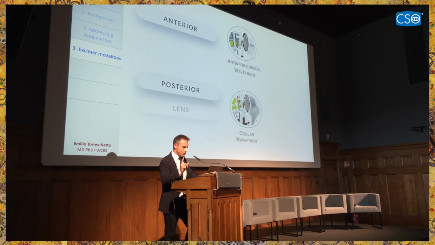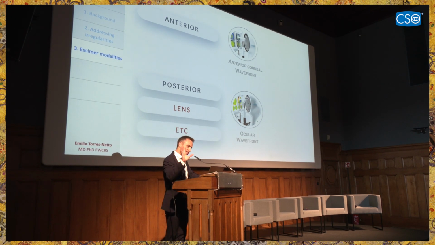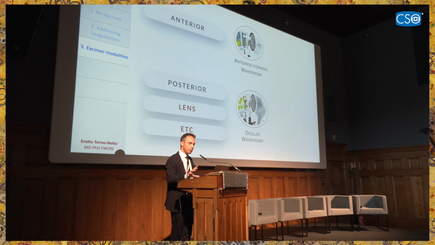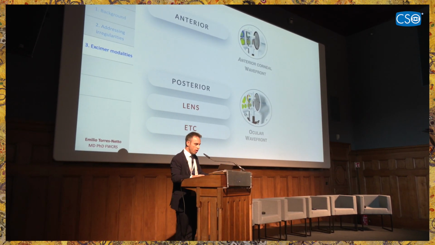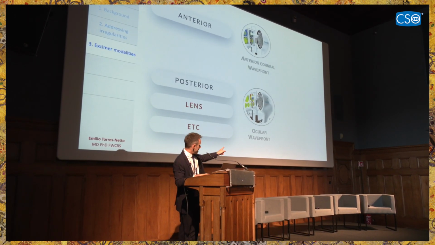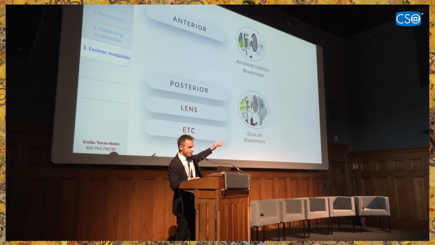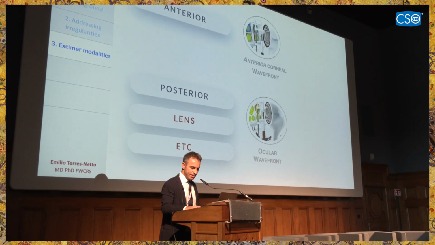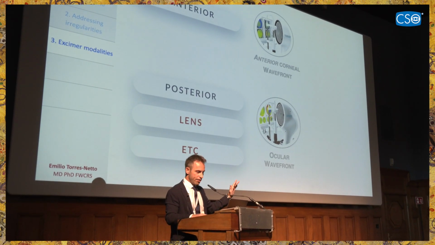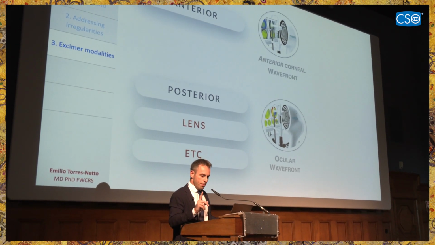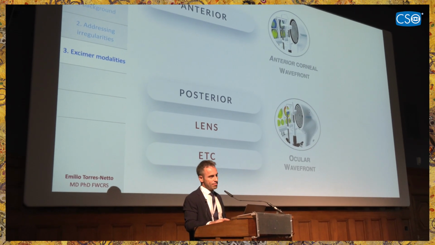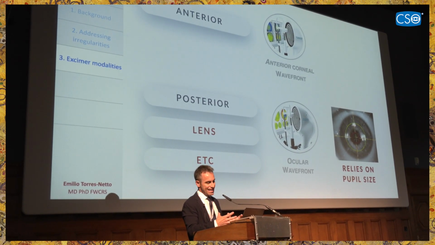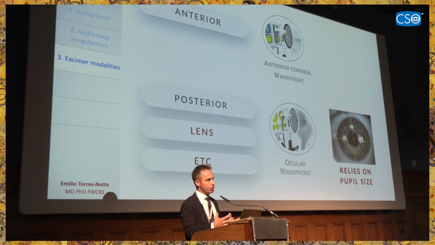So what we had so far was, as I said, the anterior surface that could be treated and the ocular wavefront as a whole. And as I also said, we included the lens and all the other parameters inside. On top of that, and that works very well. But sometimes when we have patients with small pupils, we cannot get access to all of this data.